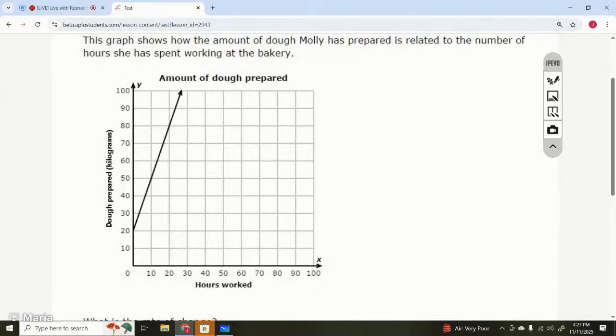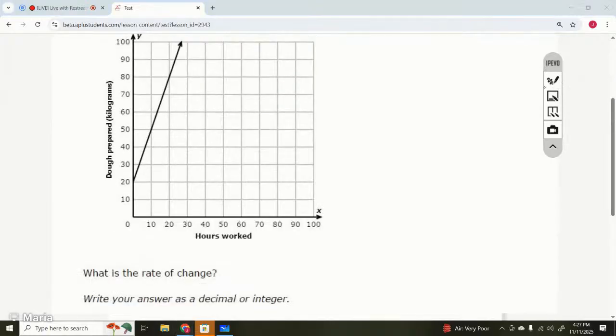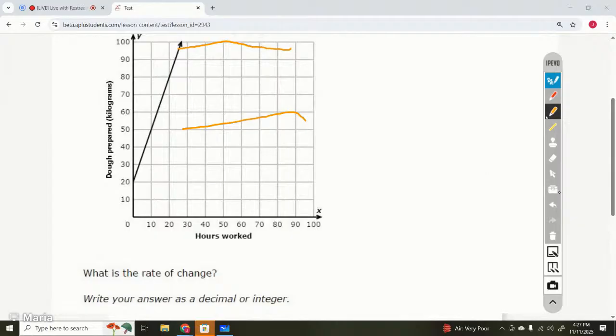Just select any 2 points on the graph. This is the first point and this is the second point, right? X is 0, Y is 20. X is 10, Y is 50, right?